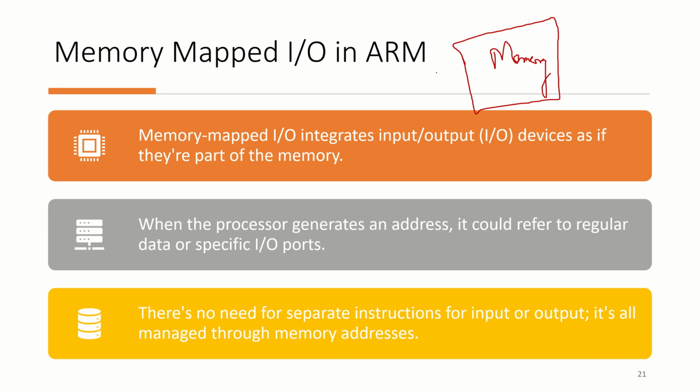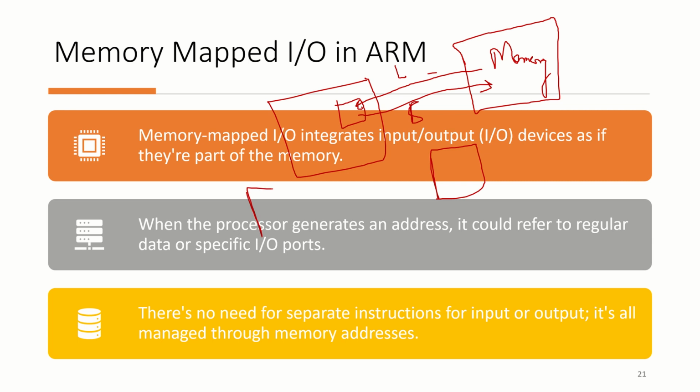So here is your processor. In the processor, registers are there. Earlier we were taking values from the memory, loading, or storing into the memory. That was loading and storing. Now we have input devices and output devices.